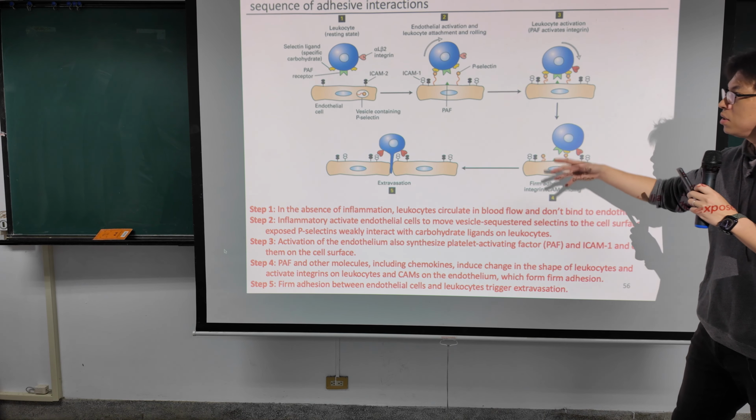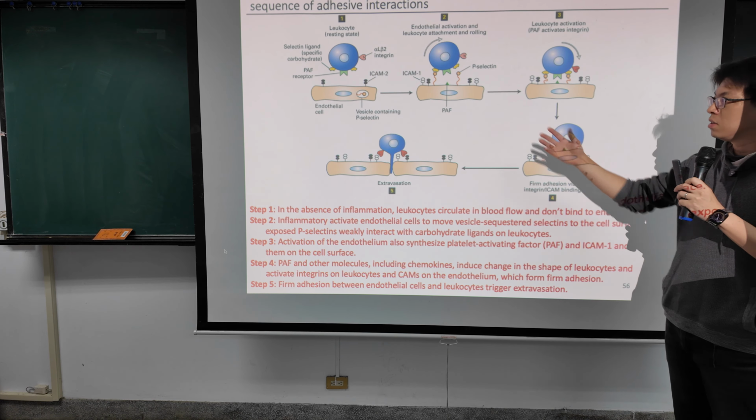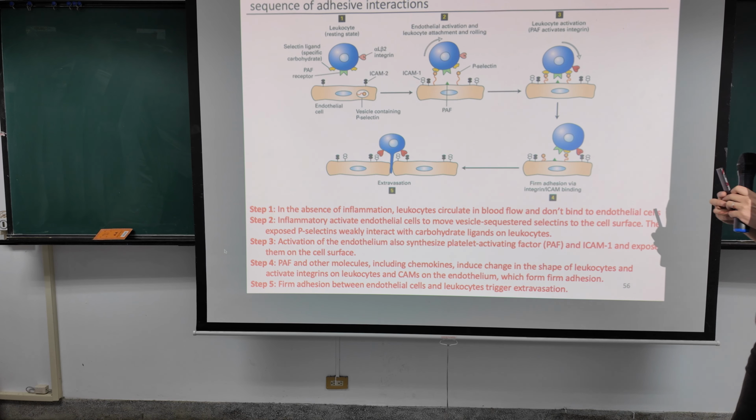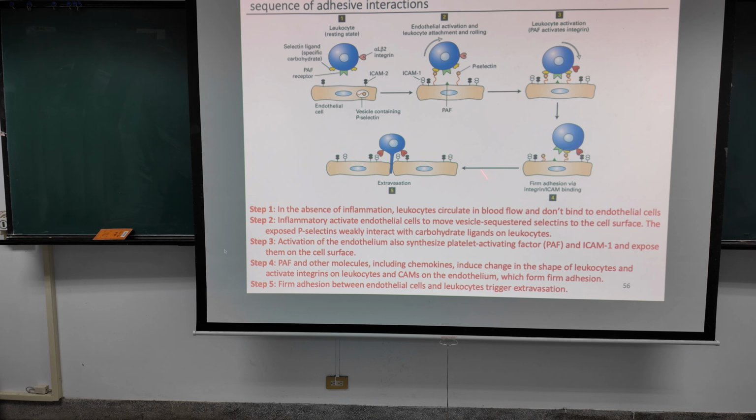But once the endothelial cells are activated, whether by an immune response or some inflammation around here, it will trigger the expression of PAF, the platelet-activating factor, which is exposed to the surface of the endothelial cell. It will also transfer vesicles containing P-selectin onto the surface. The P-selectin will bind to the carbohydrates on the leukocyte. This selectin binding will activate the integrin, so the integrin will become activated.